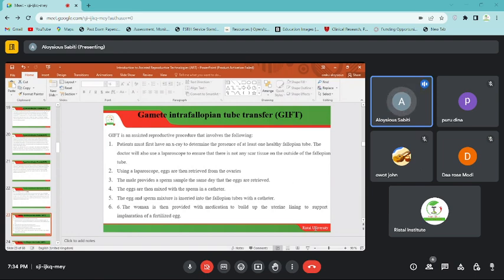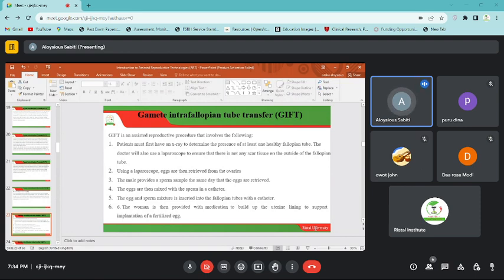Then the doctor will also use a laparoscope to ensure that there is not any scar tissue on the outside of the fallopian tube, because that is what determines whether the patient is eligible for this particular kind of transfer. Second, using a laparoscope, eggs are then retrieved from the ovaries.